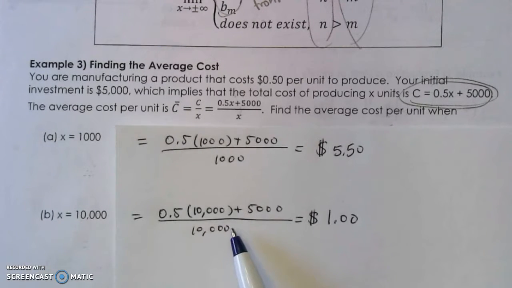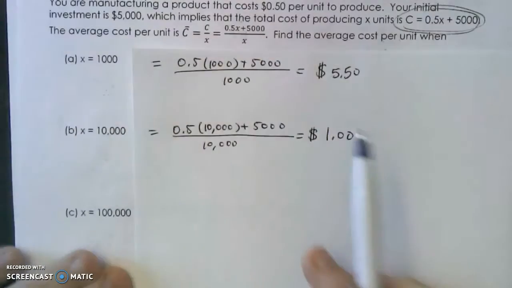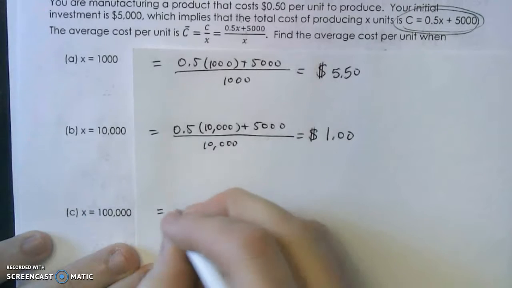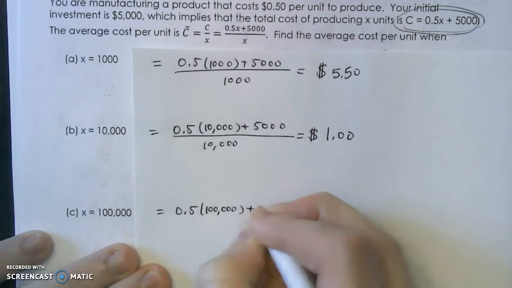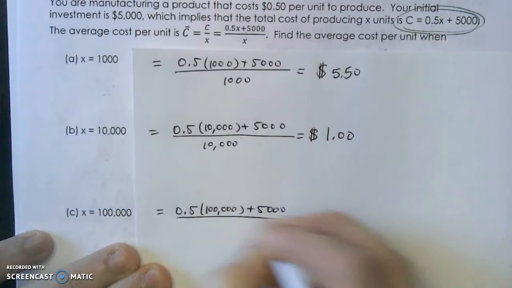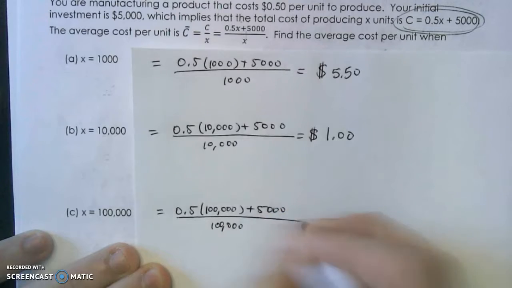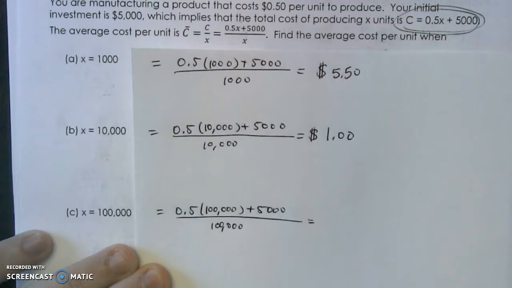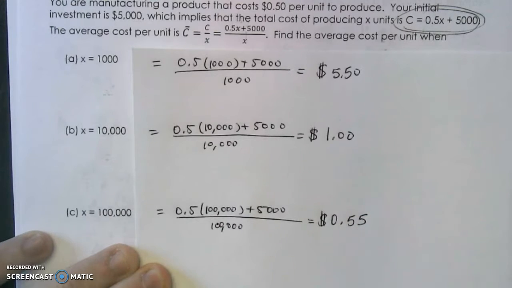If we can make more, then let's try it. So let's try 100,000. And so when we plug in 100,000, we get it down to 55 cents. So now we're making a lot better profit.